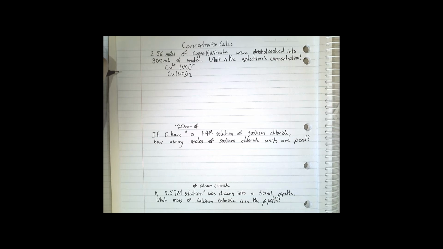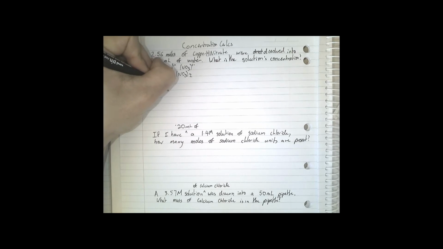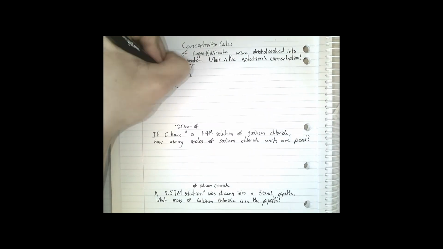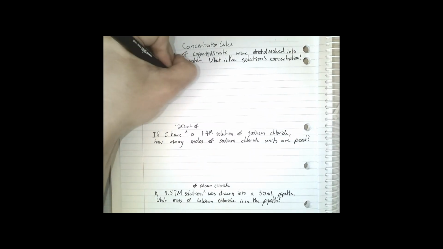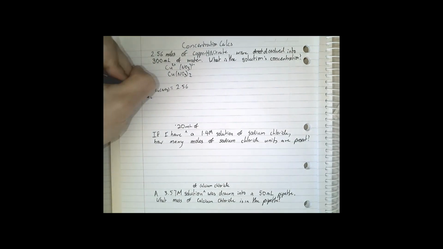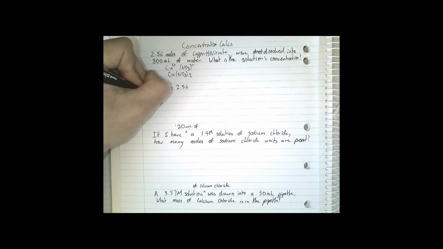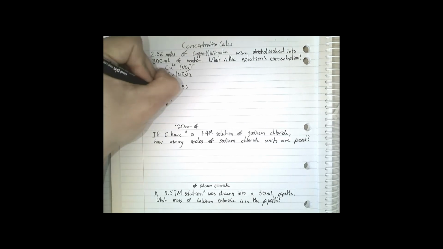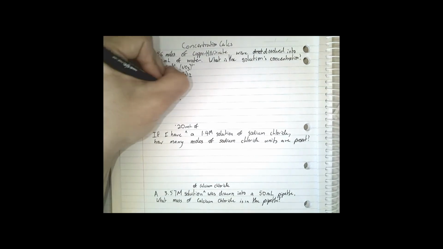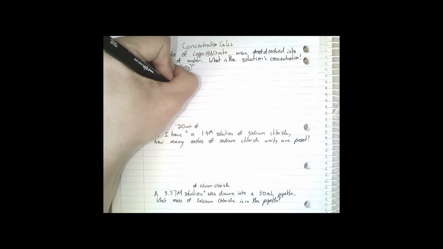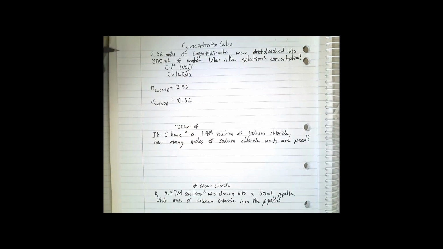Now in this first one, what we've been given is the number of moles of copper nitrate, and that is 2.56. We've also been given the volume of the copper nitrate solution as well. And we know that that is 300 mL, remembering that we have to be doing all of our calculations involving concentration with litres.